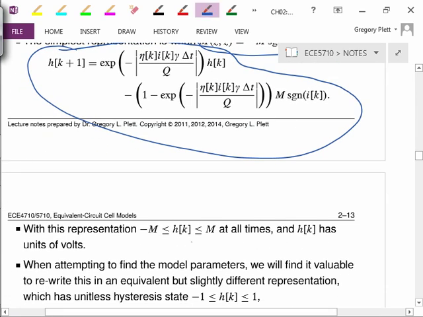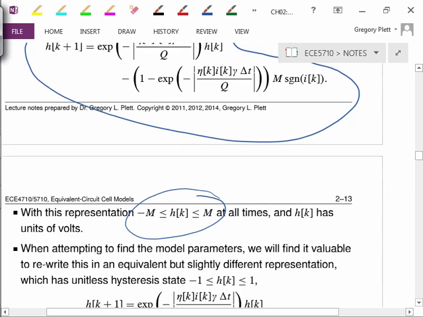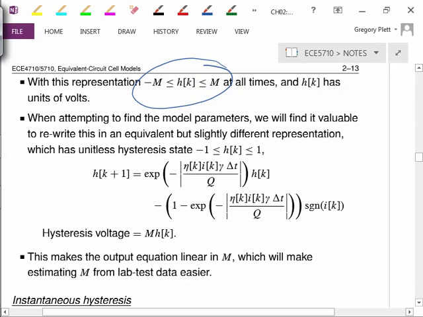And in this representation, we can show that the hysteresis state, h of k, is always captured between plus and minus m, and h of k has units of volts, by the way. When we're attempting to find the model parameter values, in this case we want to find the gamma value, but there's also a necessity to find eta and q and the resistor values and capacitor values.